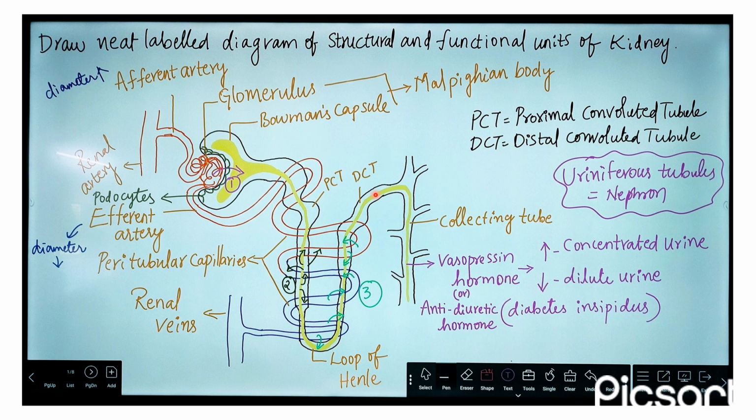That means if there are any non-essential things in the blood, they will go back into the urine. So here in the third step, the tubular secretion, a few waste materials will go out of the peritubular capillaries into the loop of Henle and into the DCT.